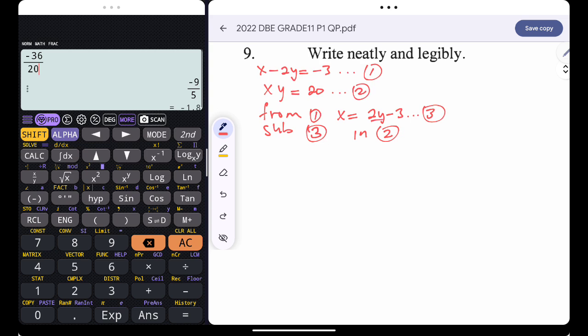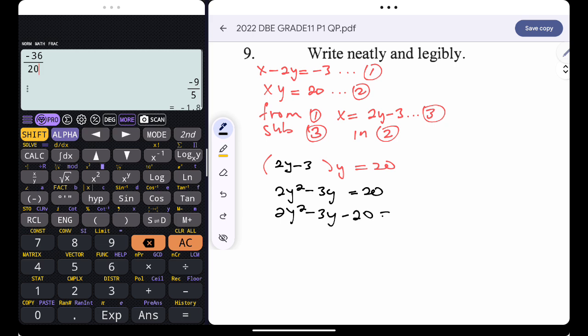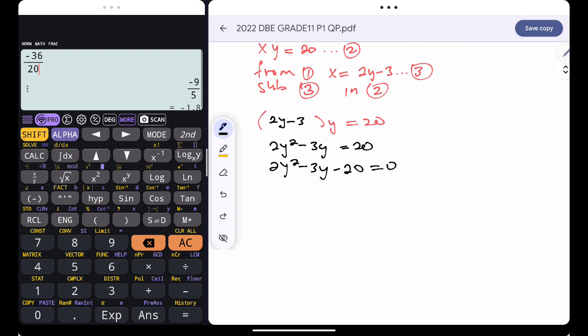Whenever I come across x, I'll just say this is 2y minus 3. That's 2y squared minus 3y is 20. Then 2y squared minus 3y minus 20 is equal to 0.